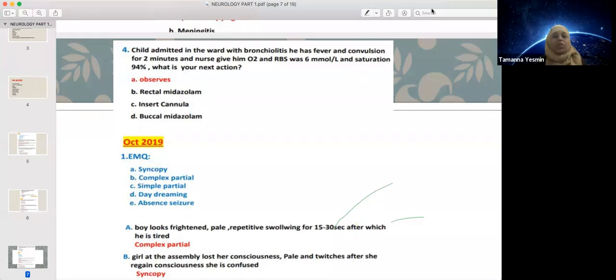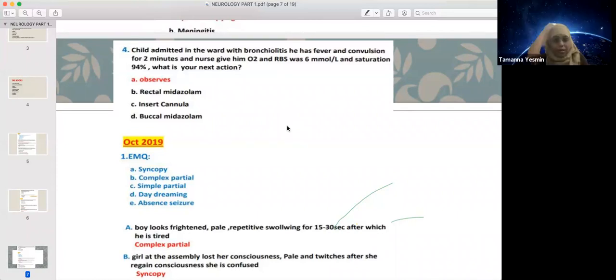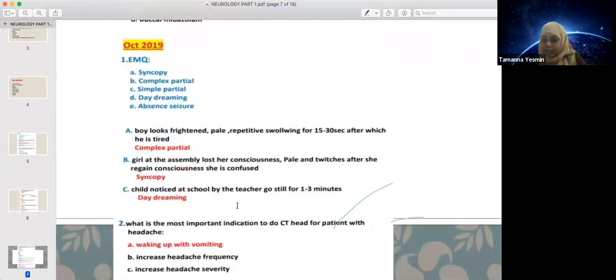In this case, we will observe, because there is no risk factor. Oxygen saturation was 94, which is good. RBS, random blood sugar, was 6 millimole per liter. That is very good. You have to remember these things. Observe. Any question until now, guys? You can open your mic and ask.